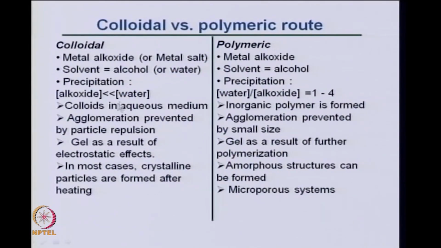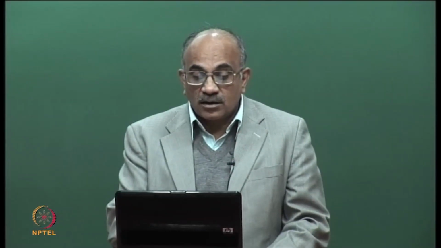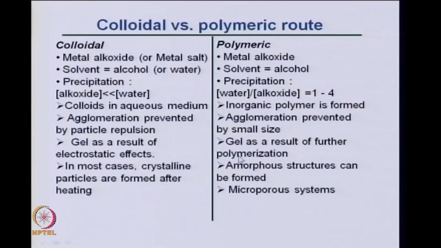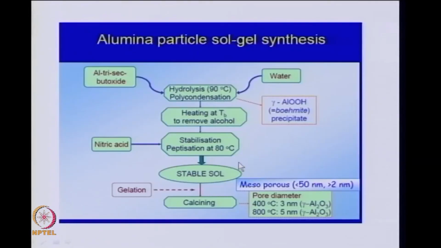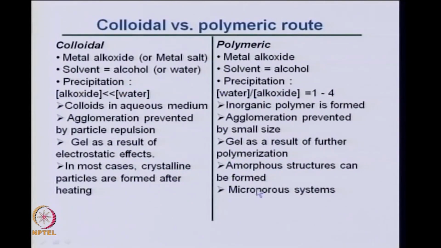In most cases in the colloidal route you get crystalline particles, that means the particles in which the atoms are regularly arranged over a long range. So, they are called crystalline, whereas in the polymeric precursor route the gel which you form as a result of polymerization leads to amorphous structures, and most of the time in the polymeric route you get microporous systems.